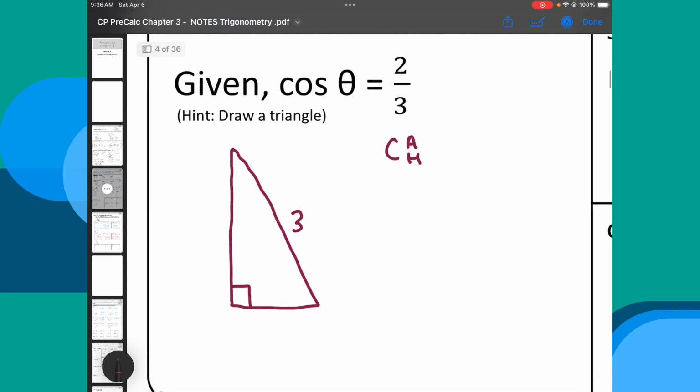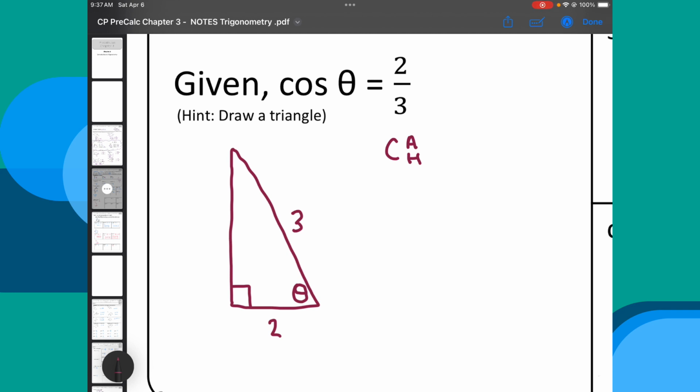Now, wherever I put theta will then dictate where the adjacent side is. So I'm just going to pick one of my acute angles. I'm going to pick it to be here. That doesn't necessarily mean that my triangle is drawn to scale, but I'm just putting it there so that I can figure out the missing sides. So my adjacent side would be here, and now I can calculate my opposite side.